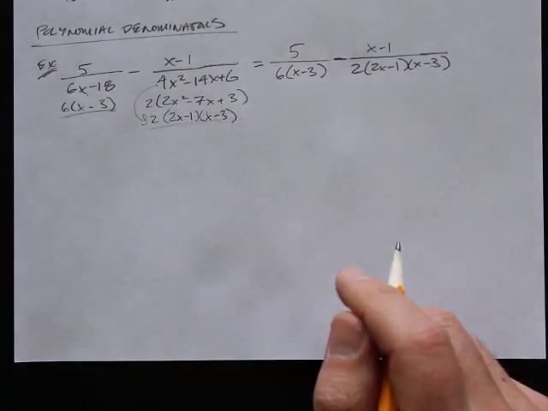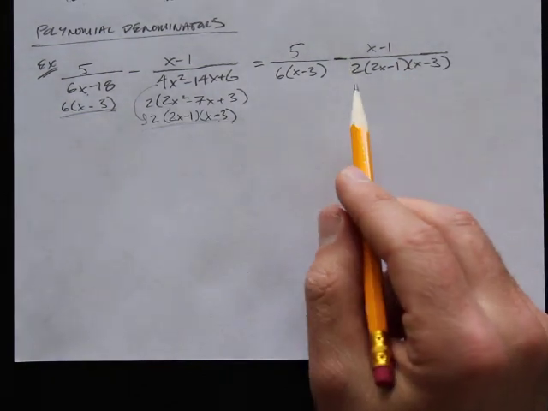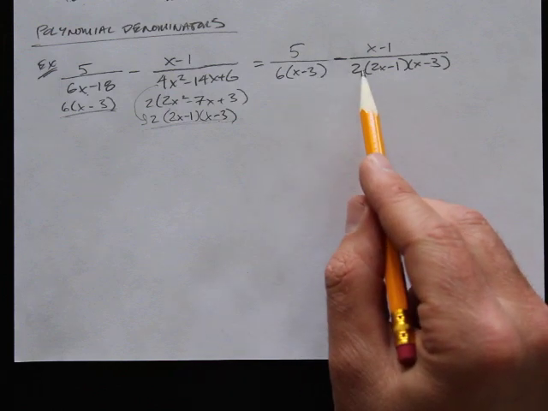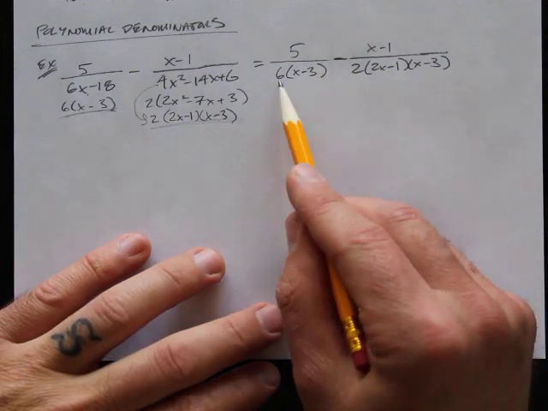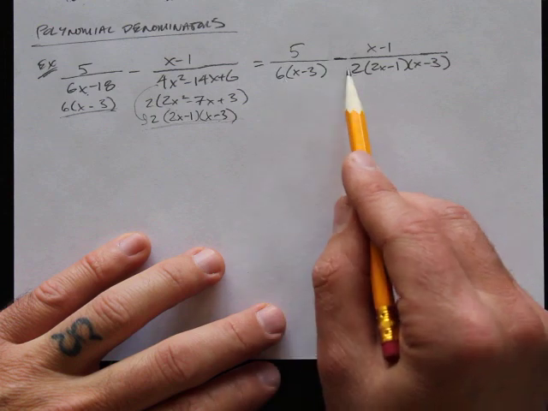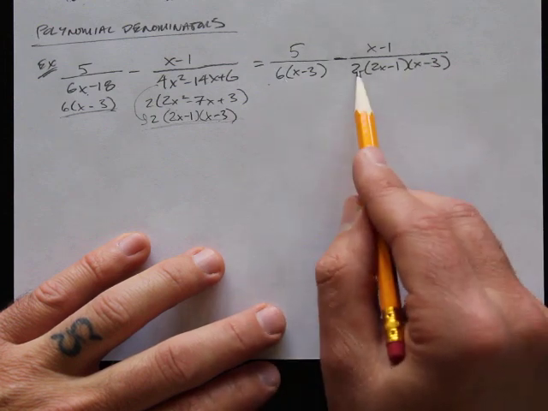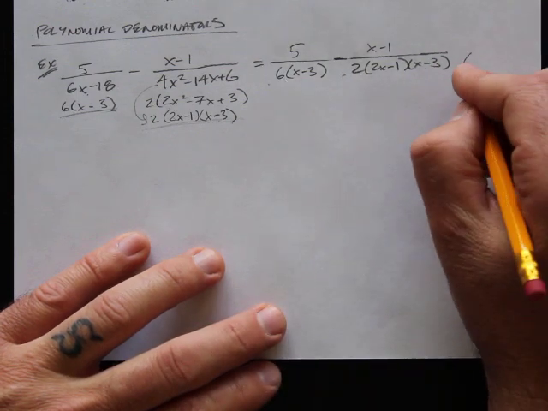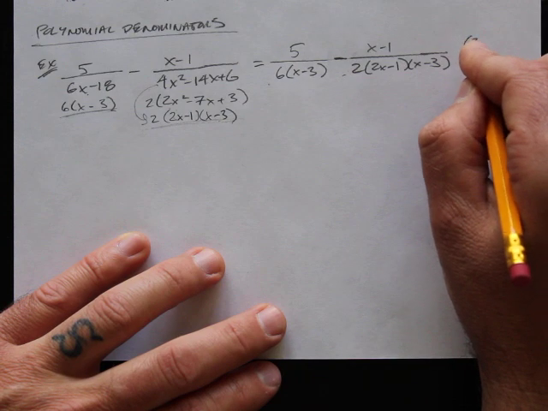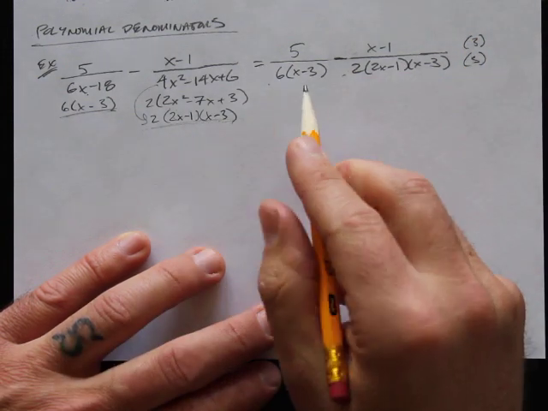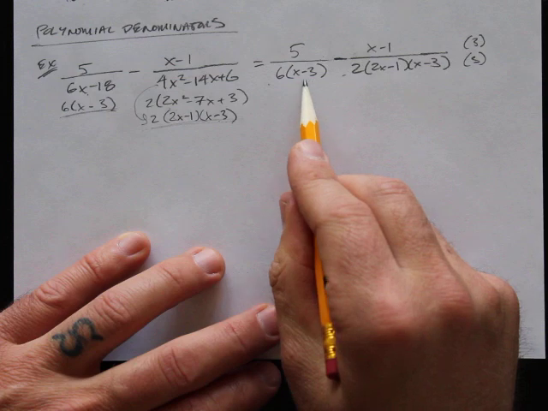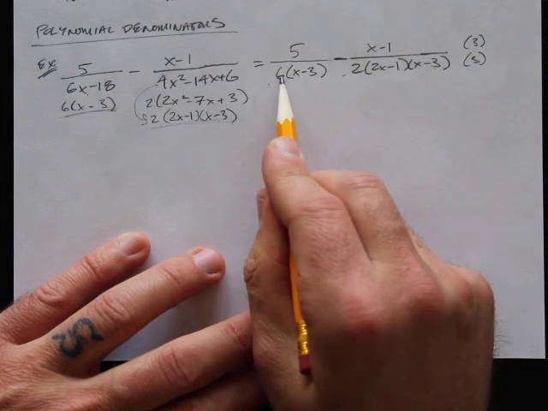Now let's see what I need to do to make this have a common denominator. I'm just looking at the denominator still. I need to multiply this one by 3, and what I do to the bottom, I do to the top. For this one, I have an x minus 3, and I've got the 2 covered.